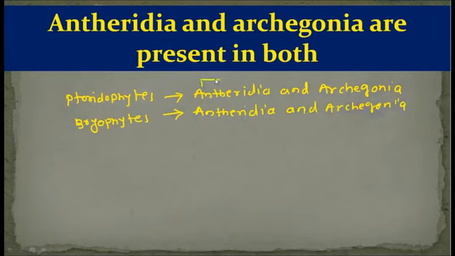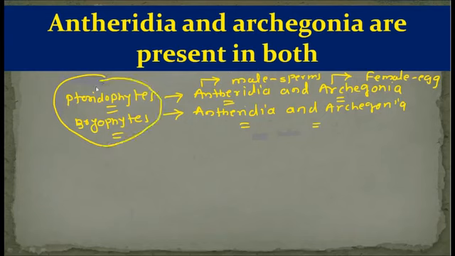The antheridia is related with the male, or say sperms, while the archegonia is related with the female, or say egg. So this is the second very important point, that both share similar sexual organs.